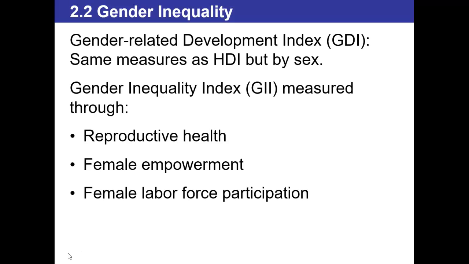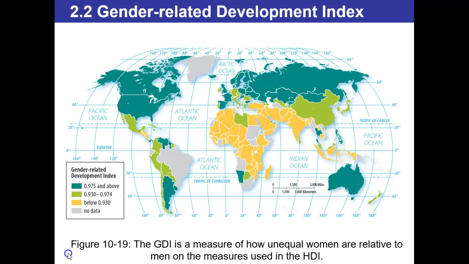The 3 most important, most vital categories that can help us gauge how women are treated in a country are reproductive health, female empowerment, and female labor force participation. As you can see in figure 10-19, in the Gender-Related Development Index, the more developed countries are in the darker green.